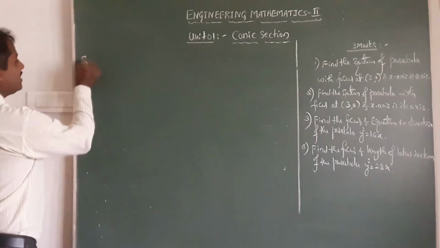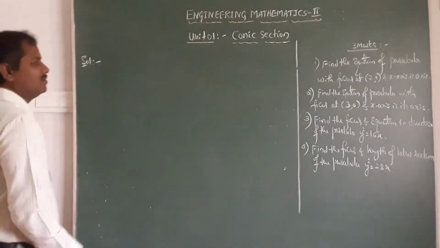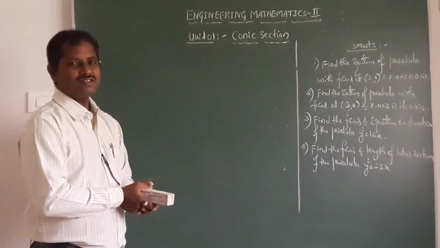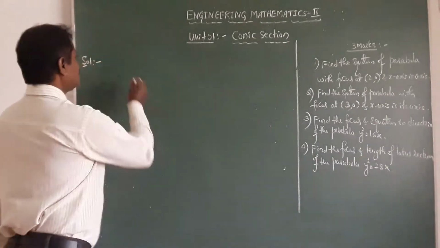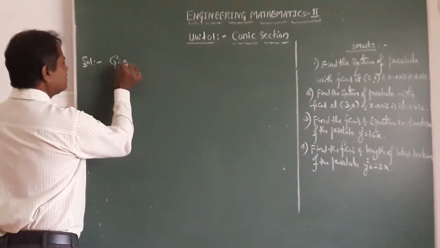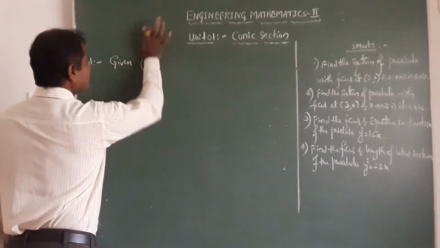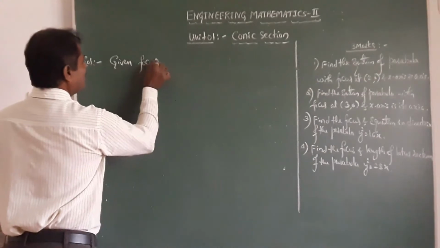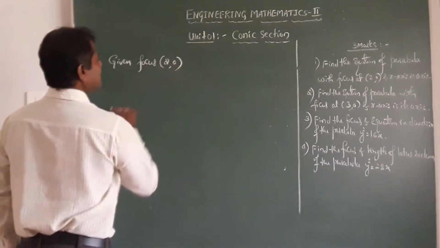So how do we find the equation of the parabola whose focus is given as 2, 0 and the axis is the x-axis? What is given is the focus, 2, 0.